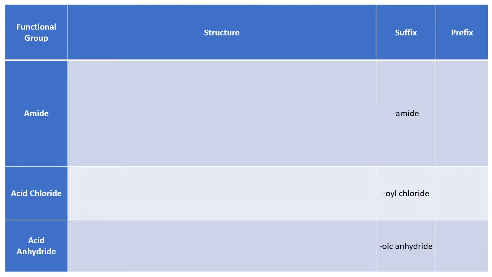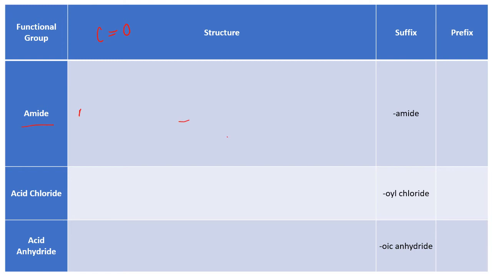Next we have an amide. An amide is similar to an amine, and if you remember, an amine was a nitrogen-containing functional group, only our amide has a carbonyl in it, so C double bond O. So we have 3 classes of amides, just like we had 3 classes of amines, depending upon how many carbons are bonded to the nitrogen.